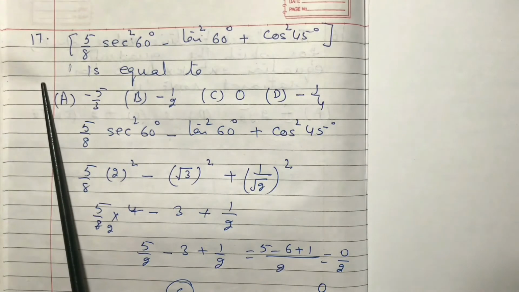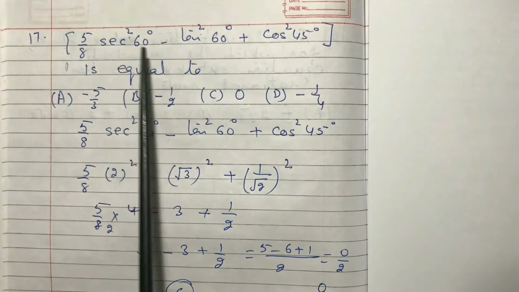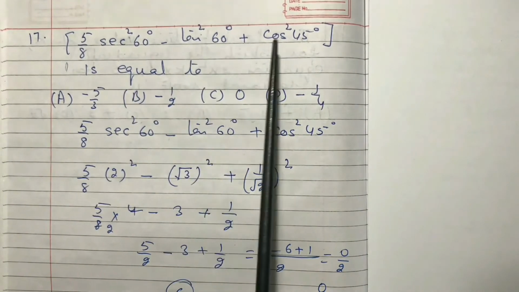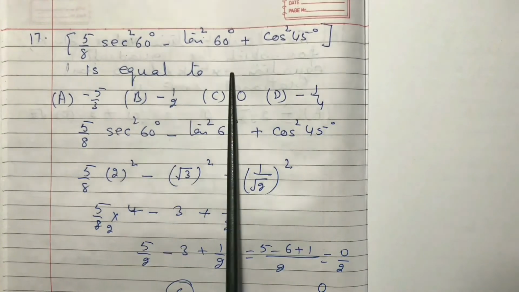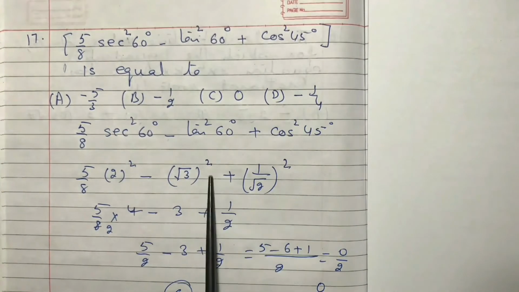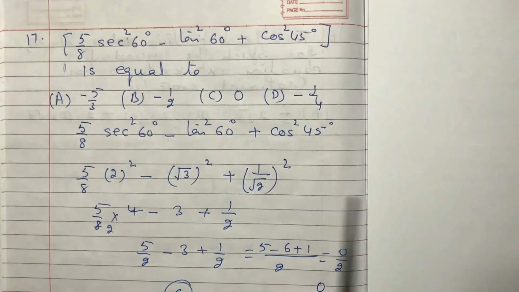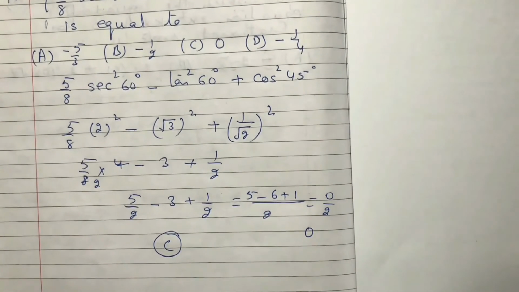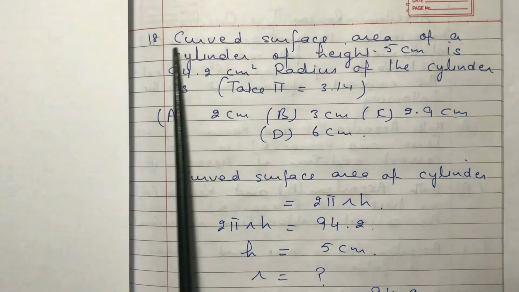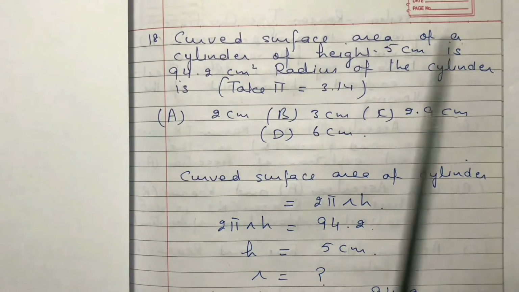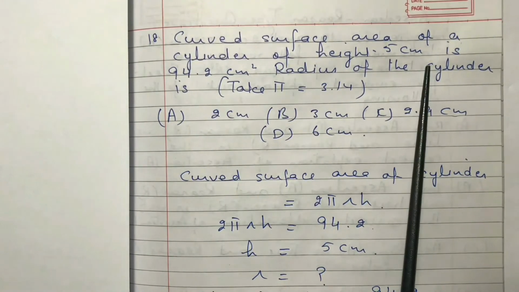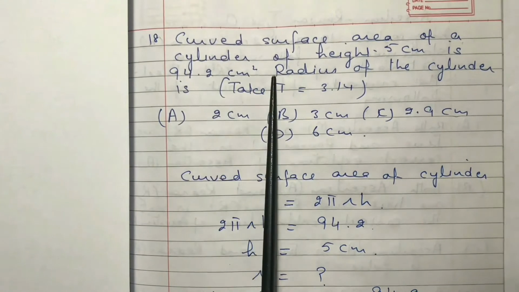Now 17th question. 5 by 8 sec square 60 degree minus tan square 60 degree plus cos square 45 degree. This is equal to, there are 4 options. Just substitute the values and calculate it. You will get 0. So C is the option. Now the 18th question. Curved surface area of a cylinder of height 5 cm is 94.2 cm square.